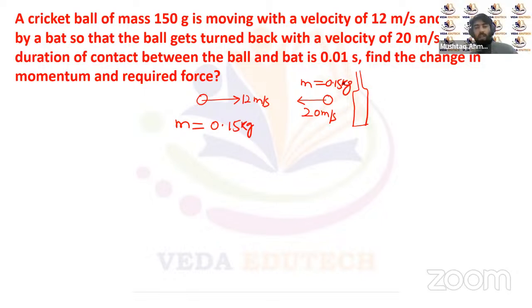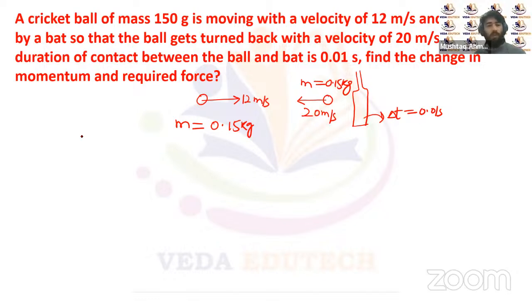And the time of contact between the ball and bat is given as delta t equal to 0.01 second. It means that this much time has been taken to change the velocity of the body from 12 meter per second to 20 meter per second.